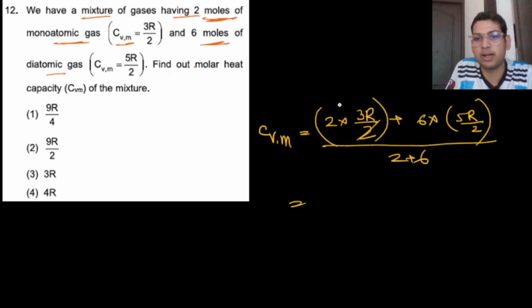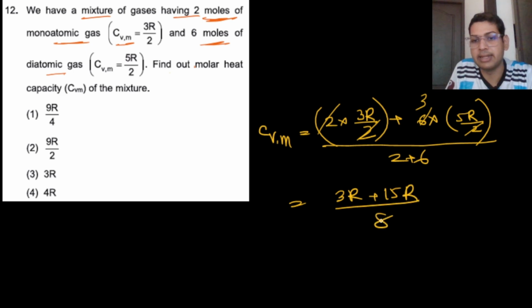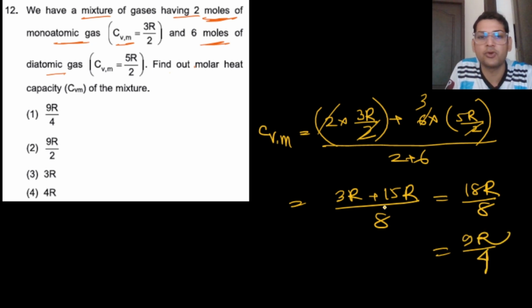So it will cancel out. From the first term you get 3R, and from the second you get 15R by 8, that means 18R by 8, which is 9R by 4. So easy, option A will be the answer.